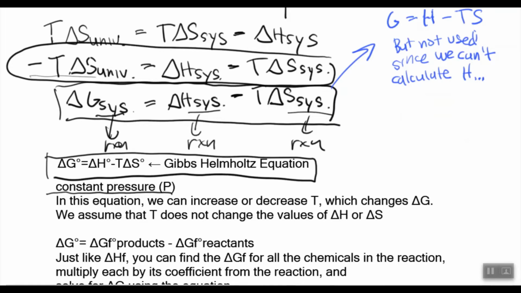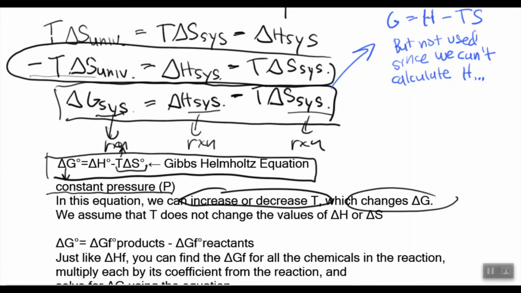And this equation basically tells us that we can increase or decrease temperature, and this will change delta G. Because look, if we increase T, delta G will become more negative, or it will decrease, because this term is being subtracted.